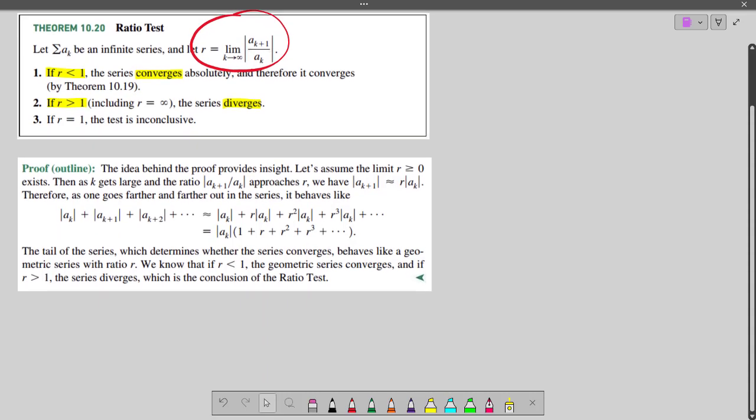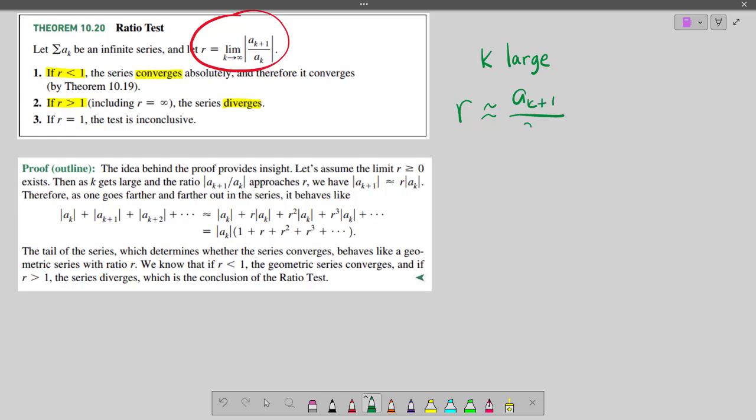Here is an outline of the proof. If this limit is true, imagine being out in the tail of the series. So k is massive. Well, if k is massive, that means that R is approximately equal to this absolute value.